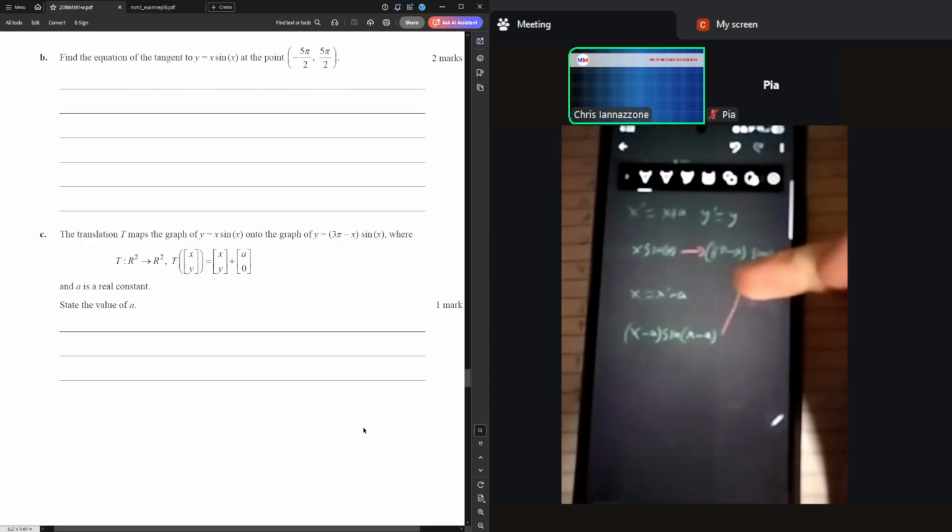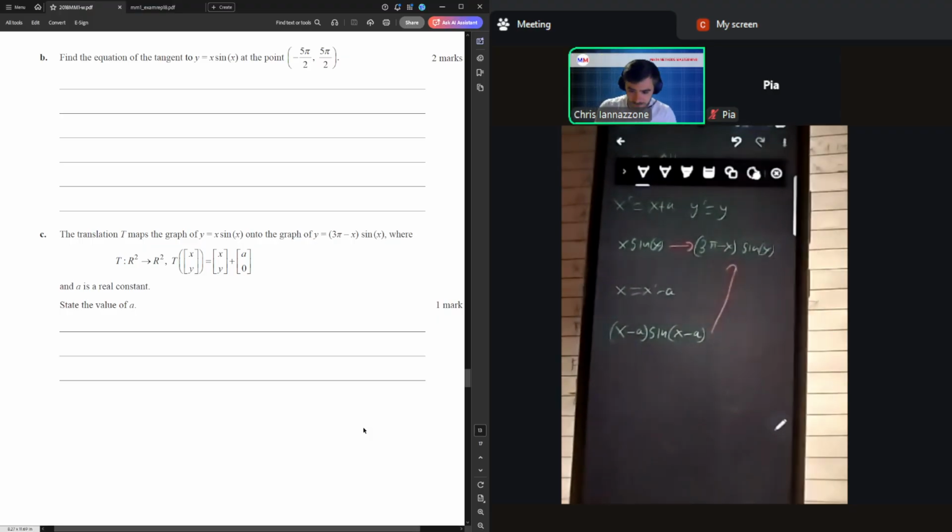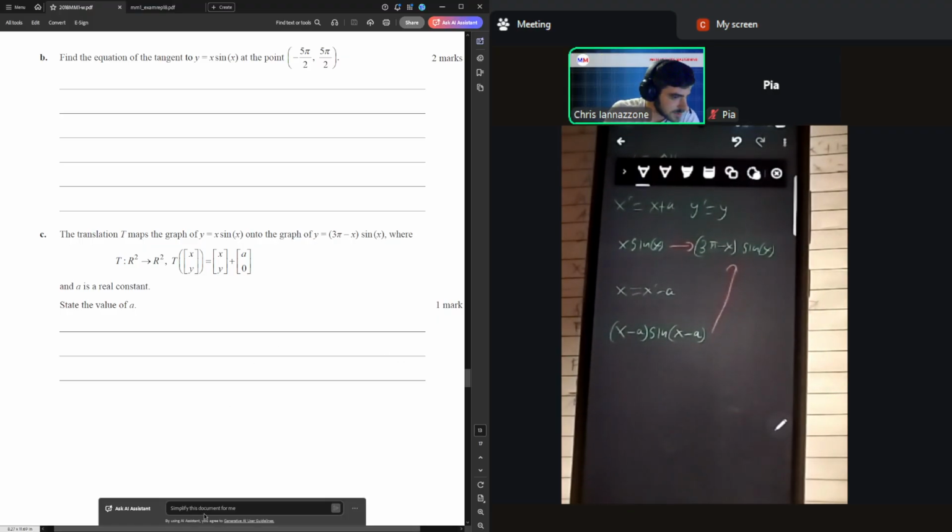What kinds of trig identities do I know of that can achieve that? I'll pull up all the different trig identities that exist, and we'll see which one we can apply.